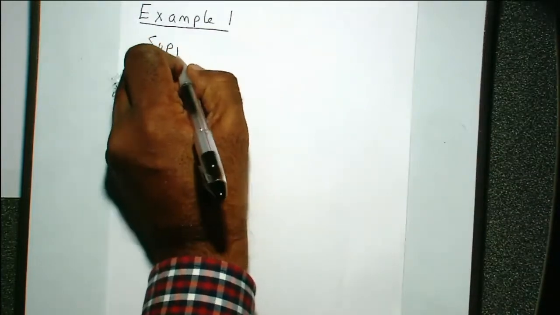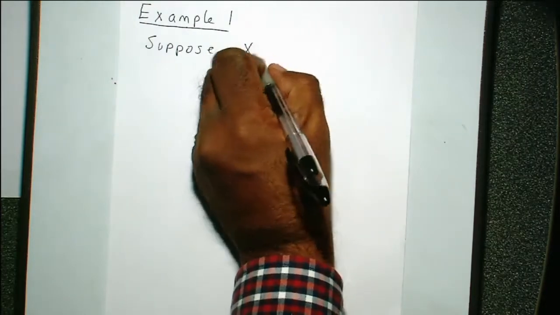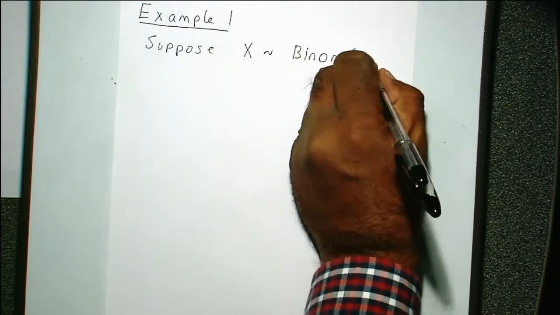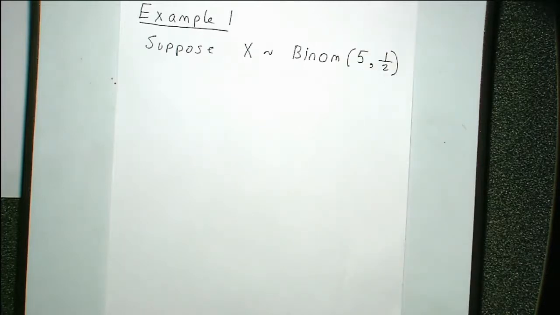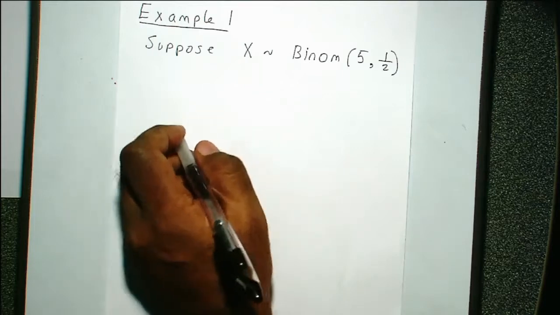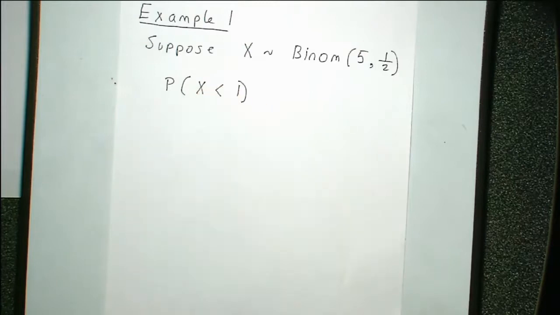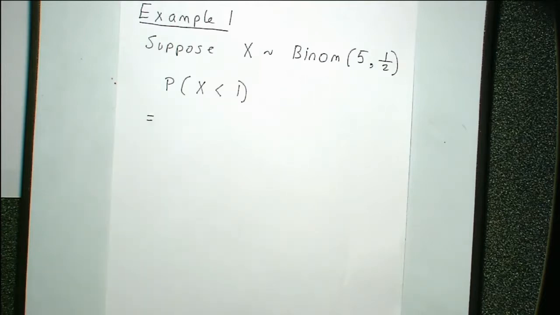Suppose X has a binomial distribution with parameters 5 and 0.5, and suppose we want to compute the probability that X is less than 1. What would that be? Remember, X can only take integer values.